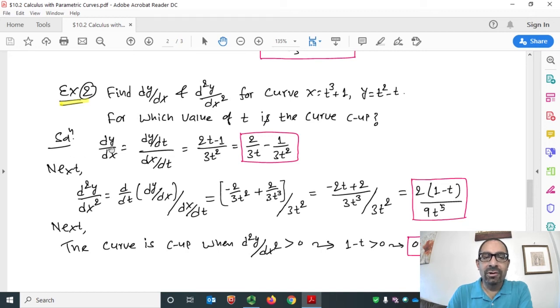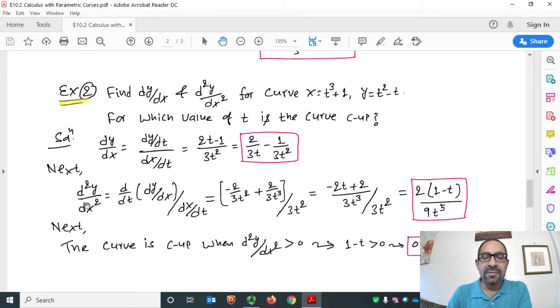By formula, dy over dx equals dy over dt over dx over dt. And dy over dt is 2t minus 1, over dx over dt, which is 3t squared. That's the first answer. Here I distribute my denominator to each of the terms in my numerator.